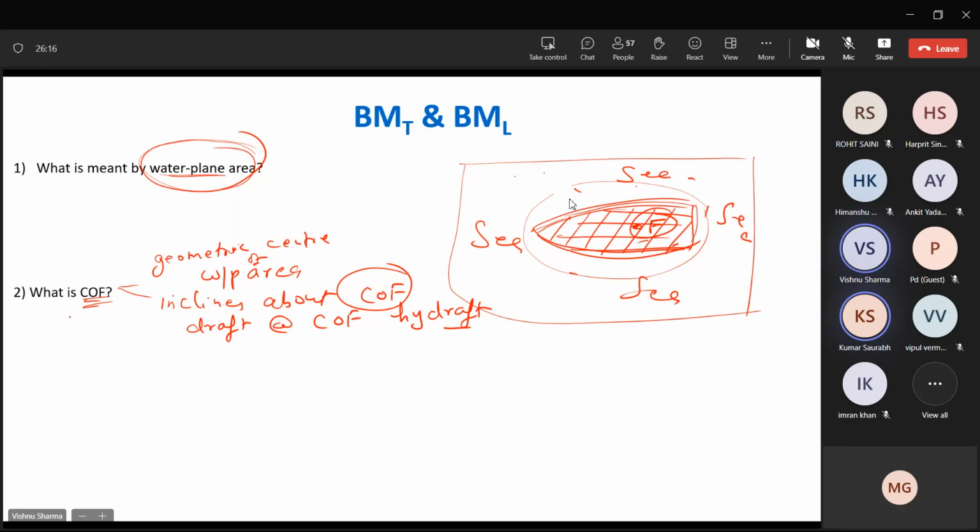And the draft at center of flotation is called the hydrostatic draft. And center of flotation is the point about which the vessel inclines. Whenever there is a transverse inclination or longitudinal inclination, it happens about center of flotation.